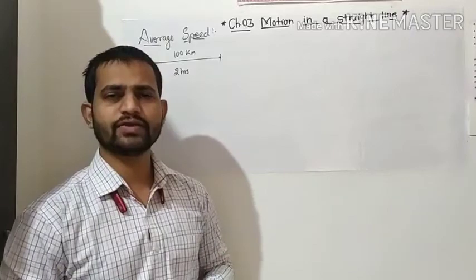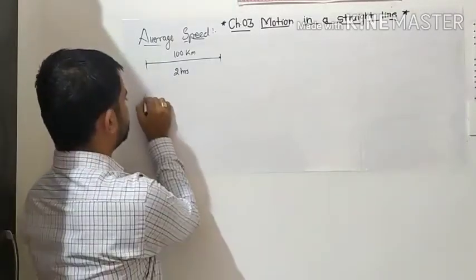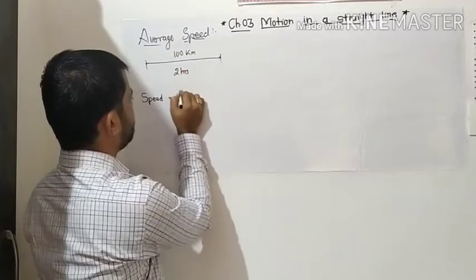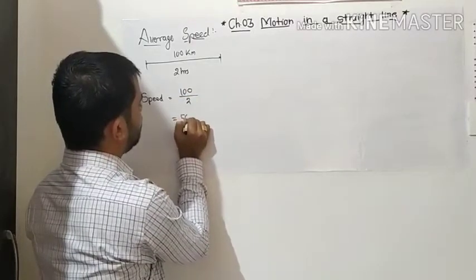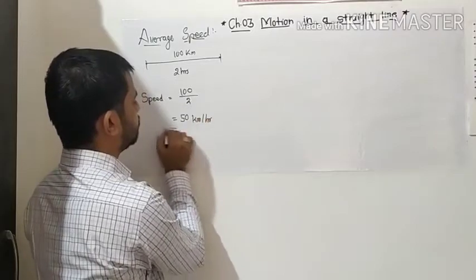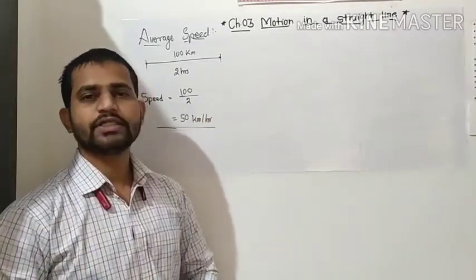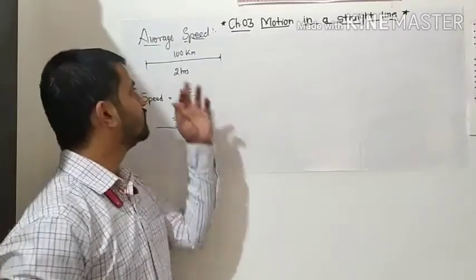We can calculate easily. We have the distance, we have the time. From this, speed is equal to distance upon time, 100 upon 2, so it will be 50 km per hour. 50 km per hour will be the speed of our vehicle when we travel from this point to this point.